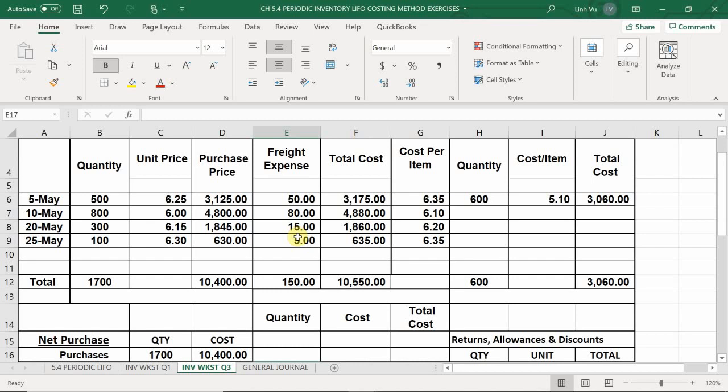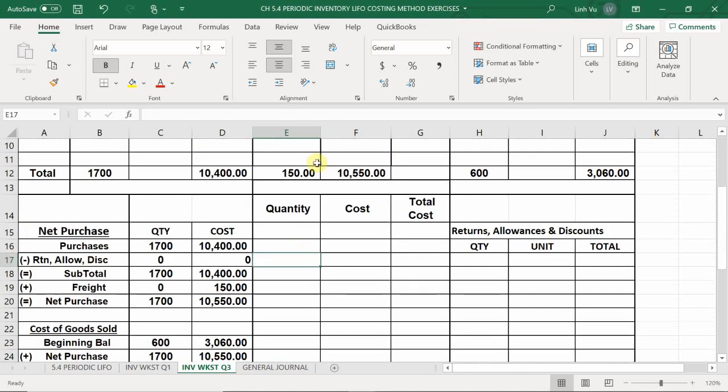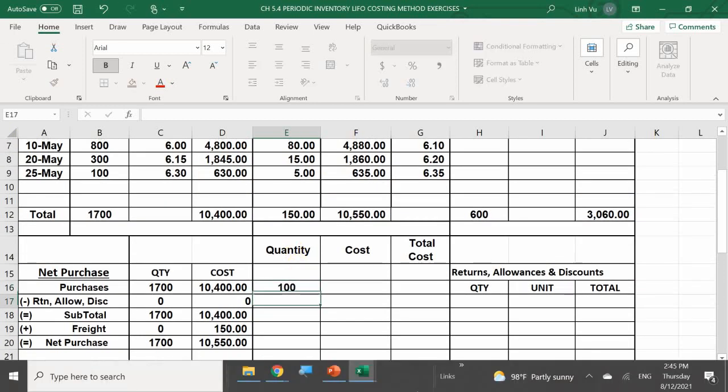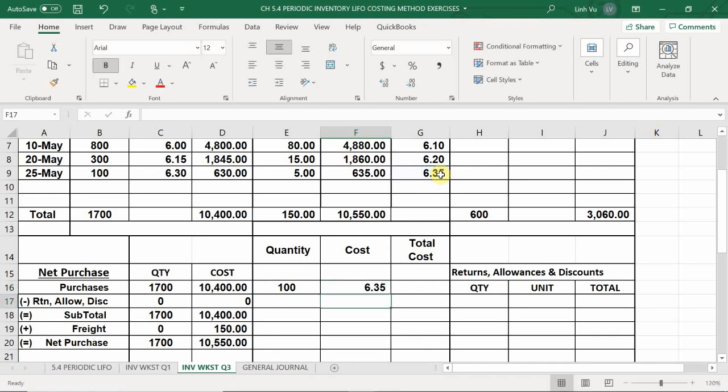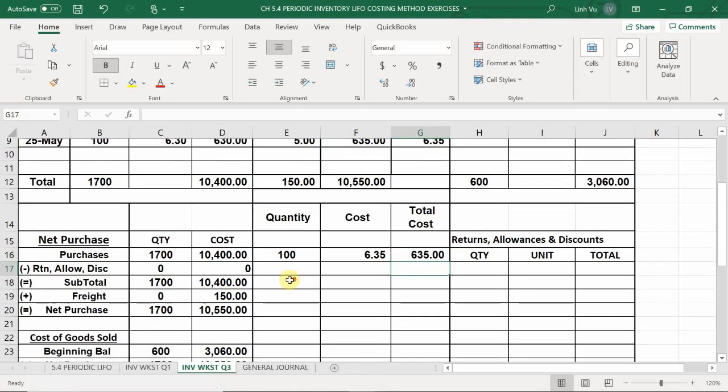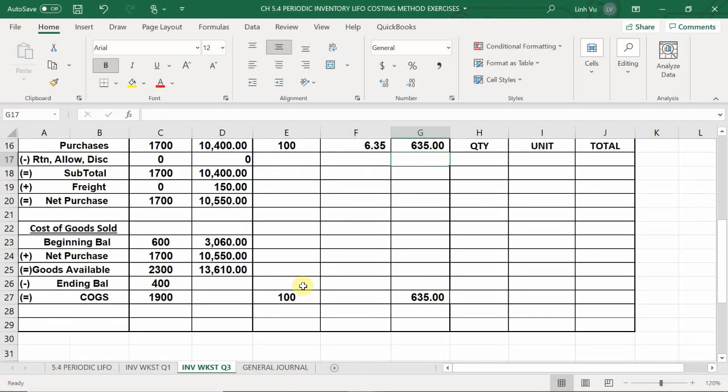Our last purchase was that 100 items at $6.35 each, which we know to be a total of 635. Therefore, that batch is gone. We sold our first 100 items, and we still have 1,800 more to go.